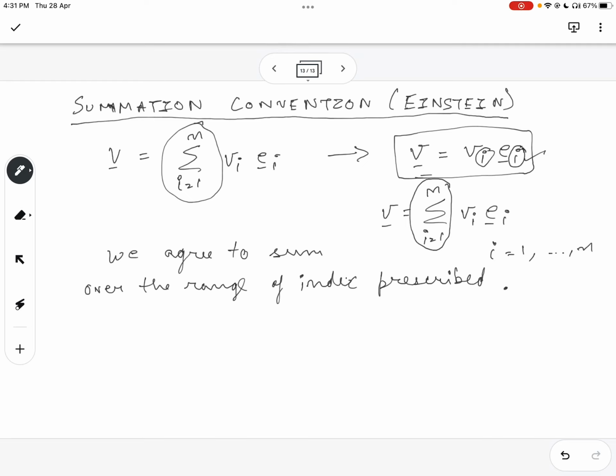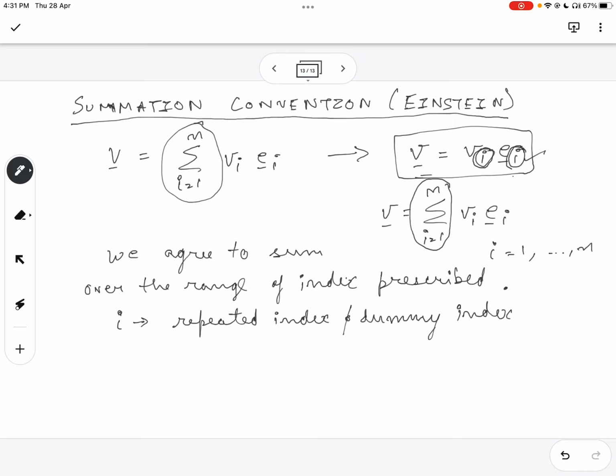One of the rules of the summation convention is that an index i is a repeated index or a dummy index if it's used on one side of the equation more than once.